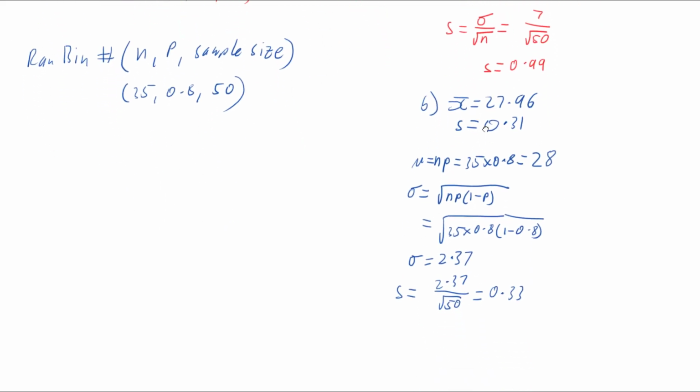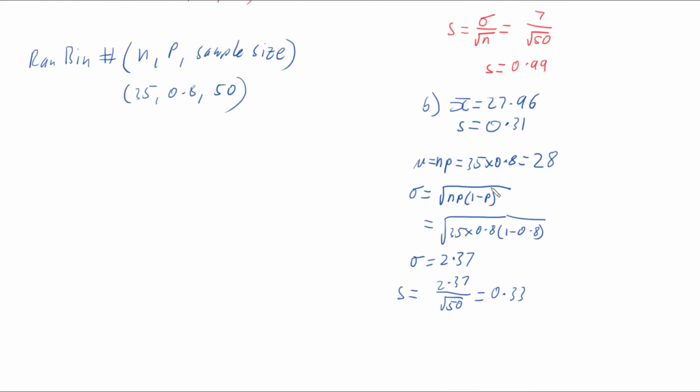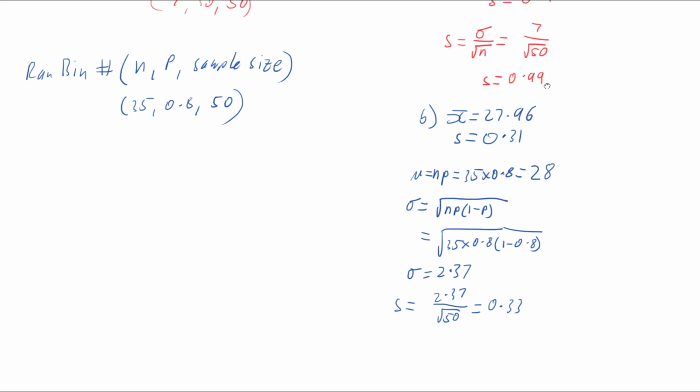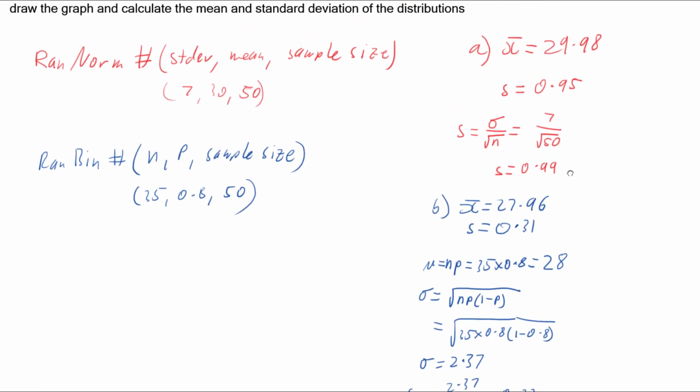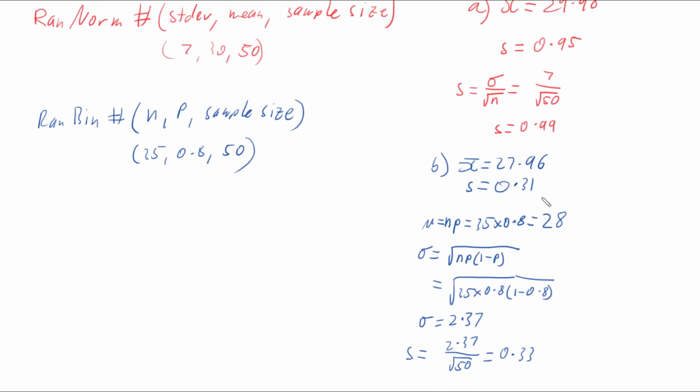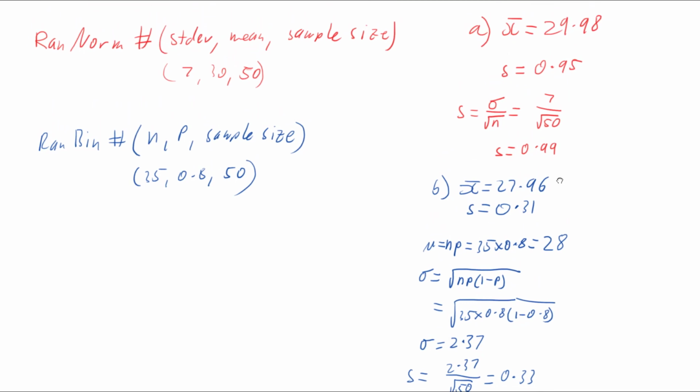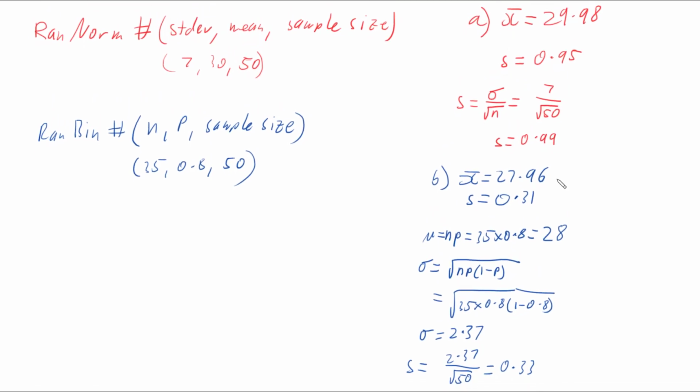And for our binomial distribution, we were expecting a mean of 28, and we got 27.96, so that wasn't too bad. And our population standard deviation says that our sample standard deviation should be 0.33, and we got 0.31, so pretty good. So our sampling of 100 samples gave us pretty good statistics. Our samples were pretty close to the expected from our population.